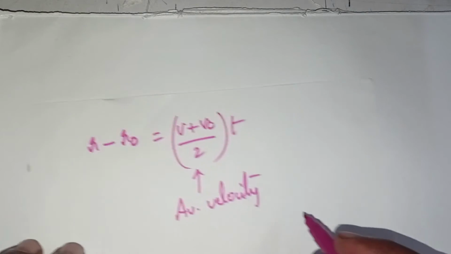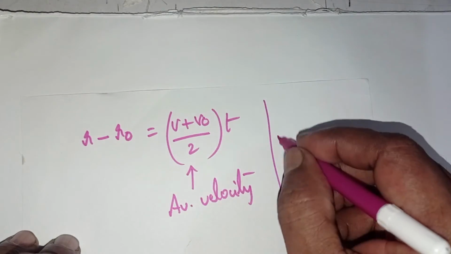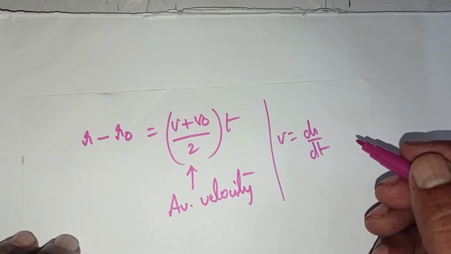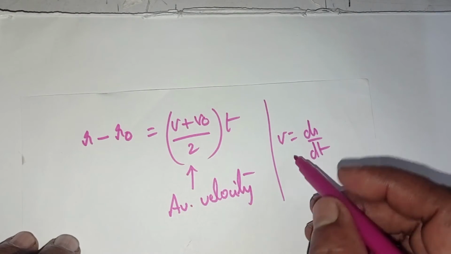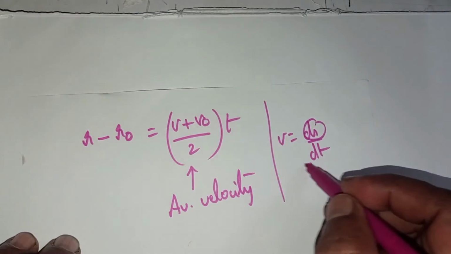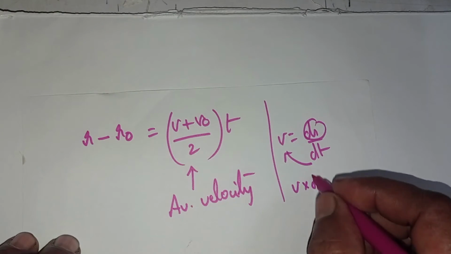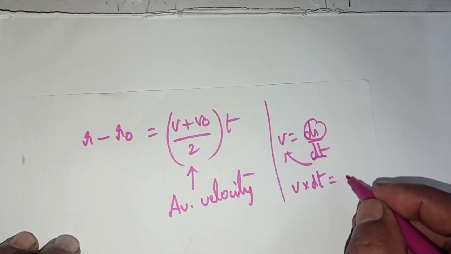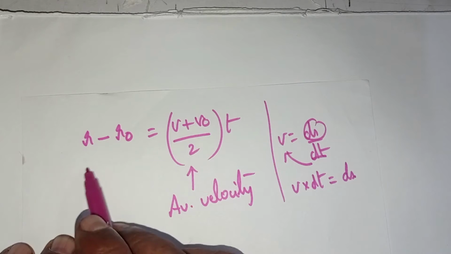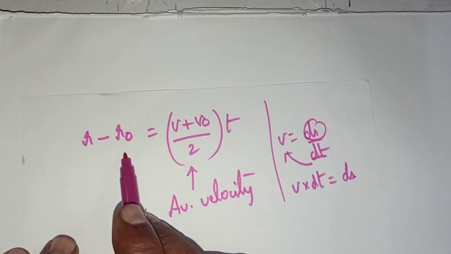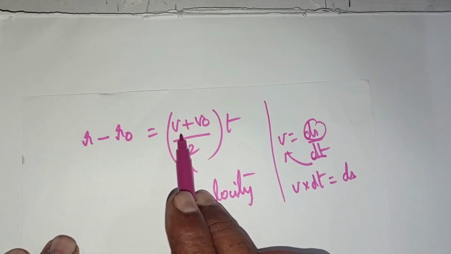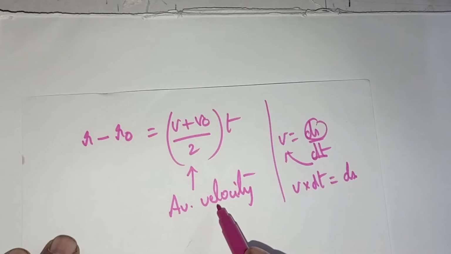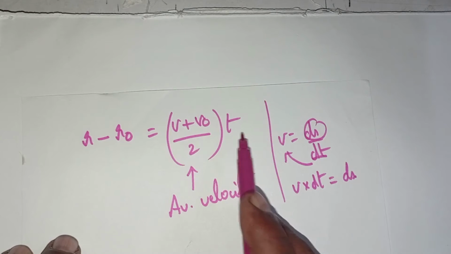So you all know that velocity is equal to ds by dt. So r, this is distance, so you bring this dt. So velocity into time gives you distance ds. So that's what is written here. So r minus r naught is the displacement, which is equal to v plus v naught, that is final velocity plus initial velocity, divided by 2 will give you the average velocity, multiplied by time.